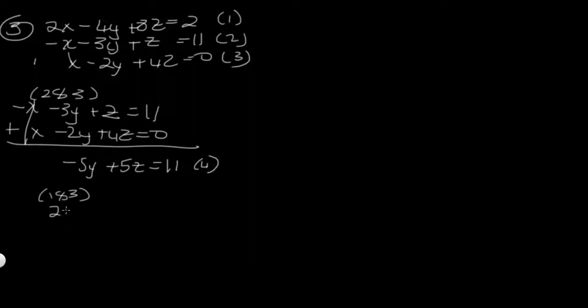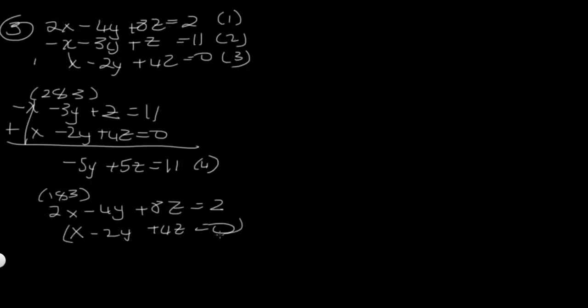So I have 2x minus 4y plus 8z equals 2. And for this one, I have x minus 2y plus 4z equals 0. Remember, here I already eliminated x, so I have to eliminate x again so that I can have a system with just y and z. So I know I need to multiply this by negative 2.